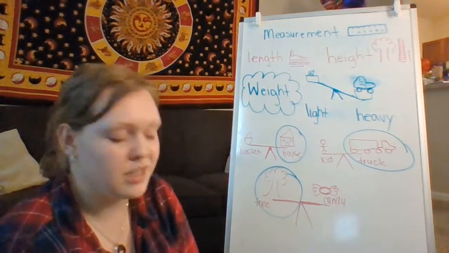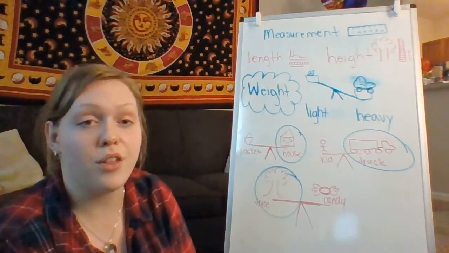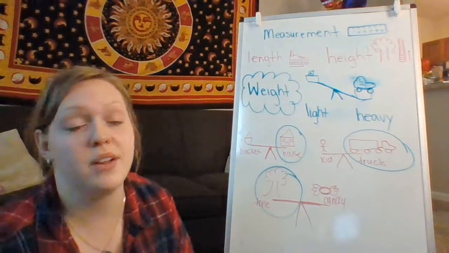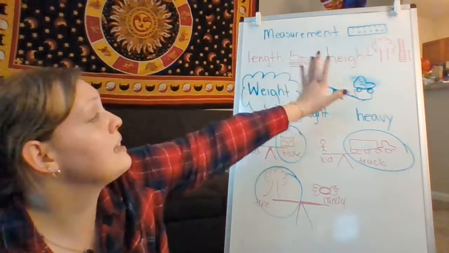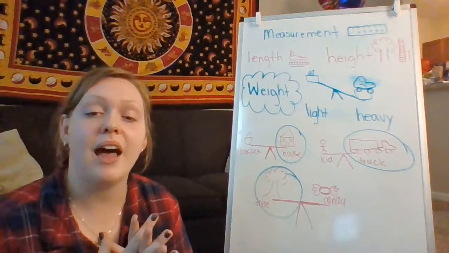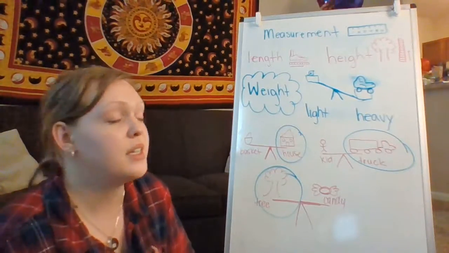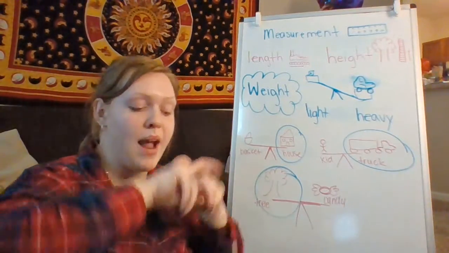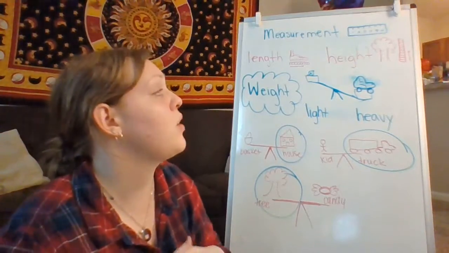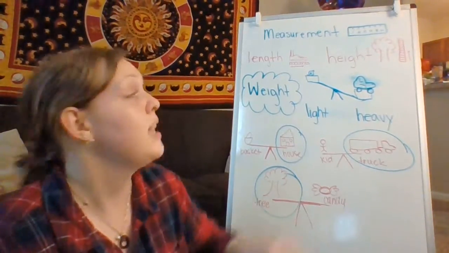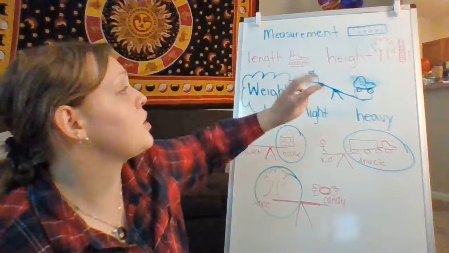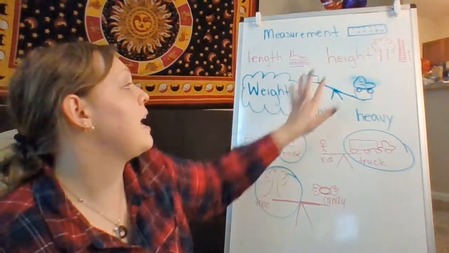Then afterwards, take a look at describing all three of these that we've just talked about. Think about length, height, and weight all together as ways to measure items. If we round this all out together as one whole unit, we can say that measurement comes in three forms: length, height, and weight.